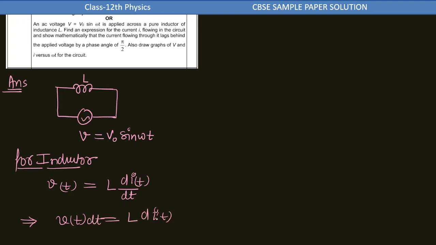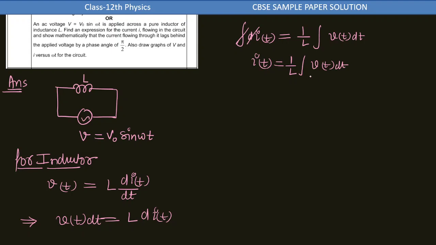Now if you are integrating both sides, the integration of di is equal to 1 by L integration of V(t) with respect to t. So this d will cancel out by the integration, and you will get I(t), the current, is equal to 1 by L integration V(t) dt.